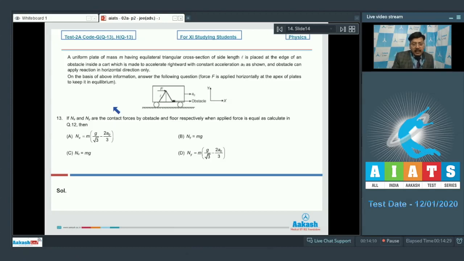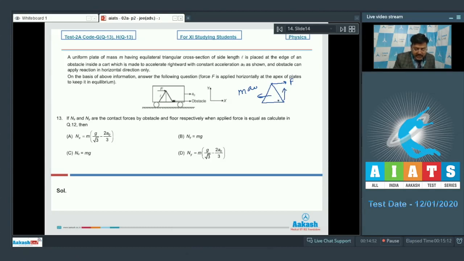Well, and the force F is just enough to tilt it. So we draw the situation once again. We have F acting here, whose magnitude we found in the previous question, and there is the pseudo force ma0, and the normal reaction is shifting here, right?